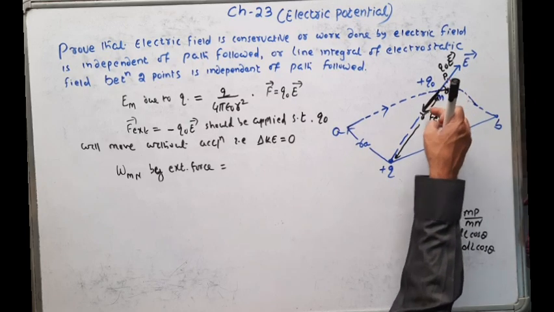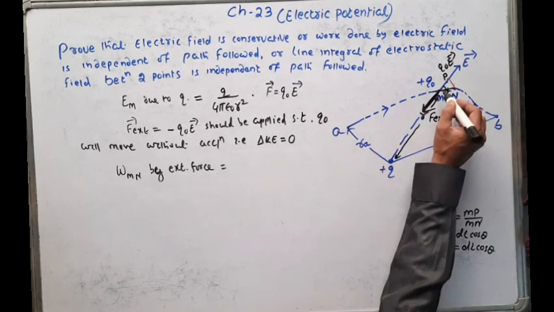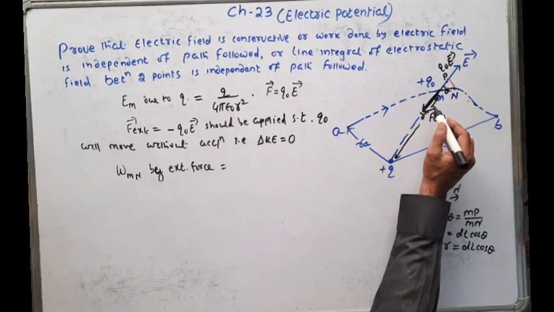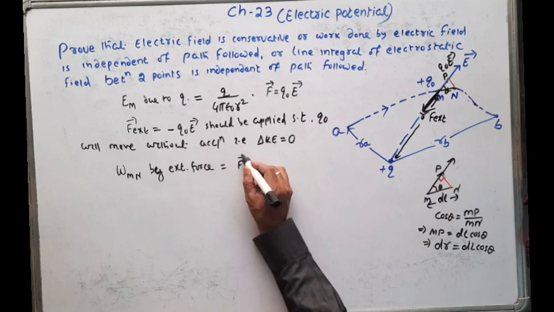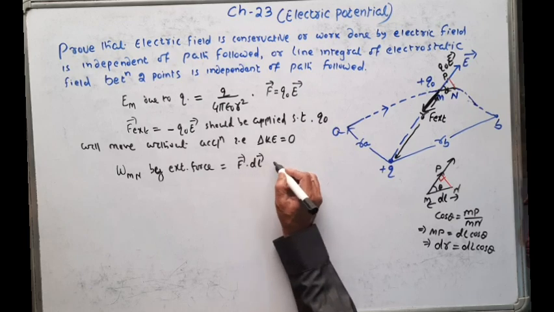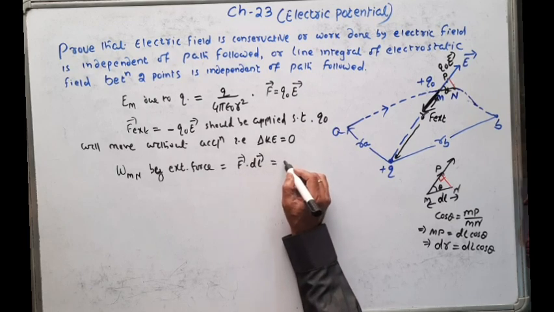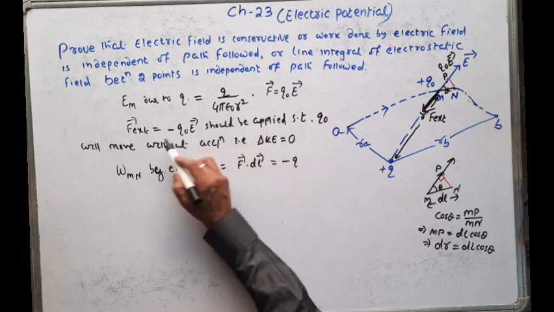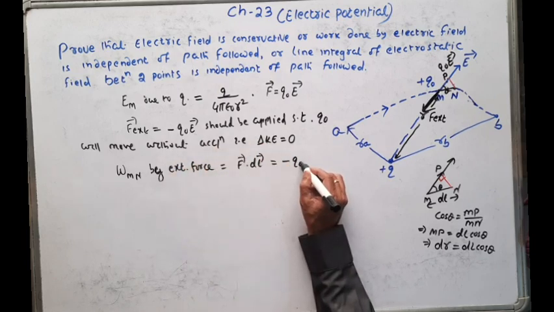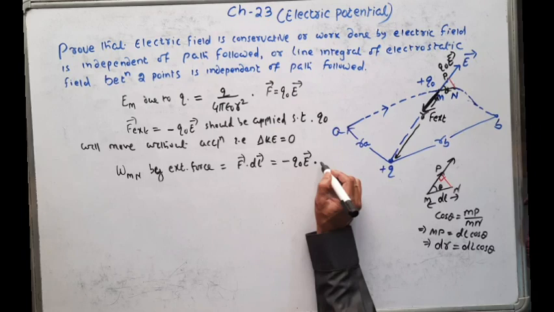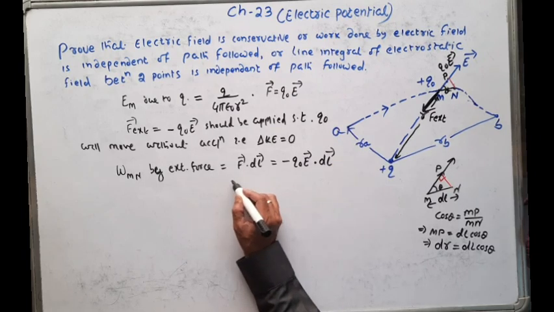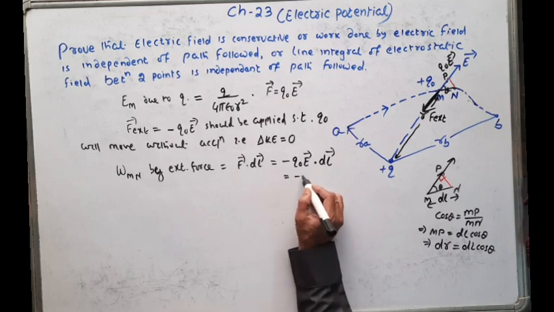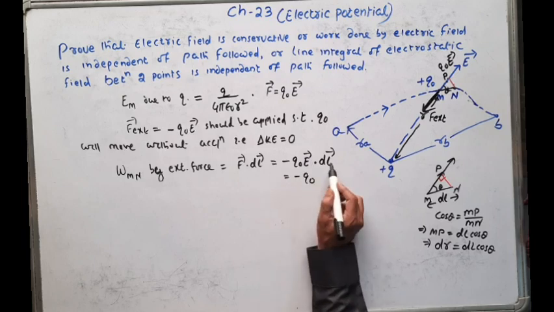So the work done by the external force when the charge particle Q naught moves from M point to N point is equal to F dot dl. So here the external force is nothing but minus Q naught E dot dl.